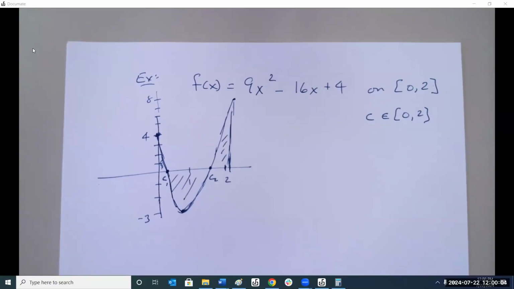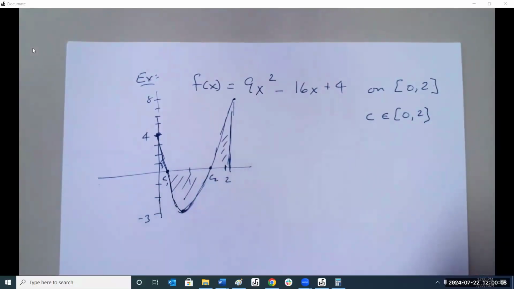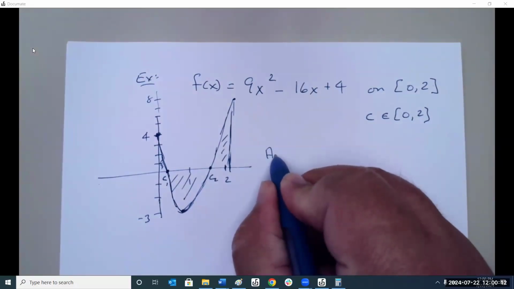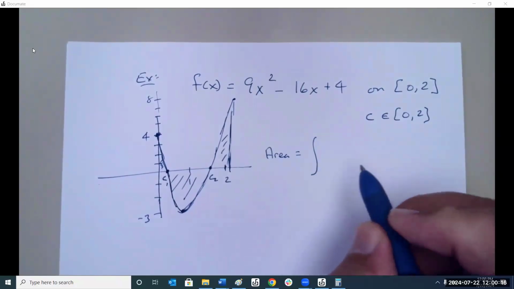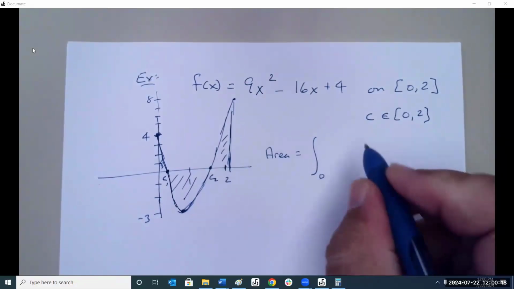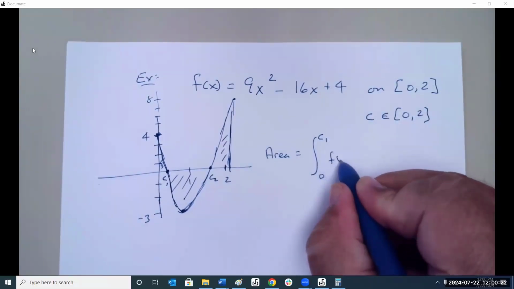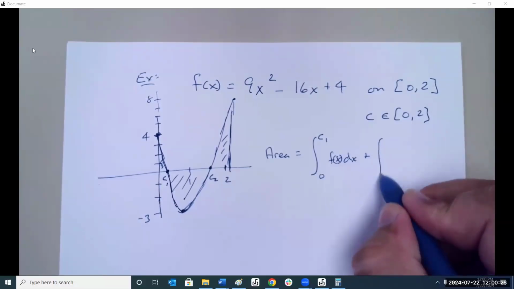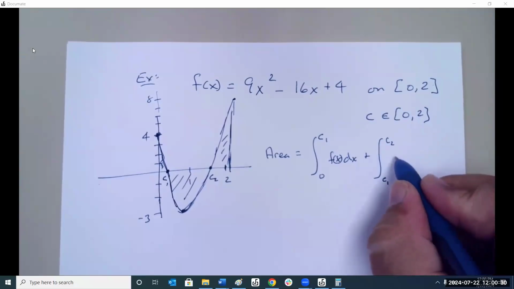So the way we would solve this one, we have to first find C1 and C2. We would go from 0 to C1. Then we would go from C1 to C2.